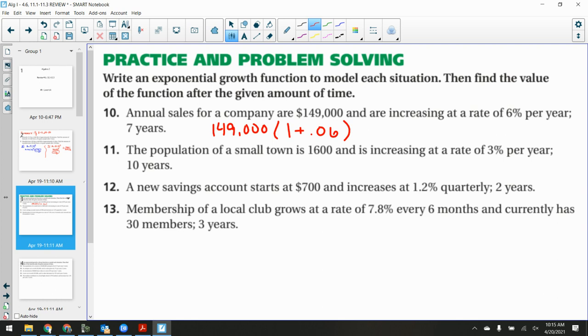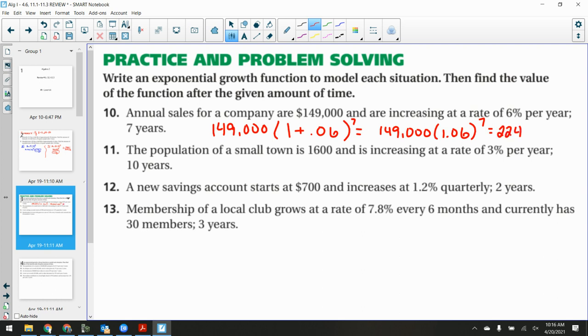Now, my 7 is T. So I'm going to write it as 149,000 times 1.06 raised to the 7th power. So do that in your calculator, please, Rosalie. 149 times 1.06 to the 7th power.